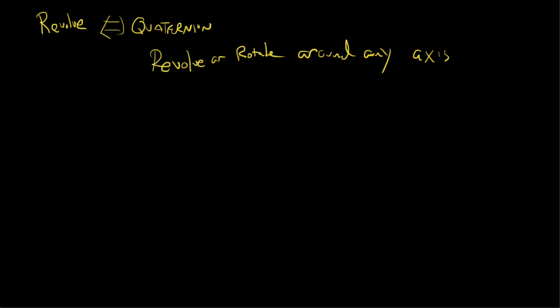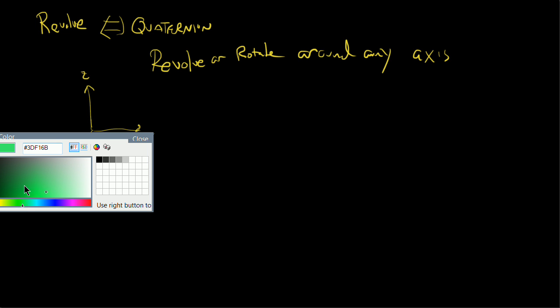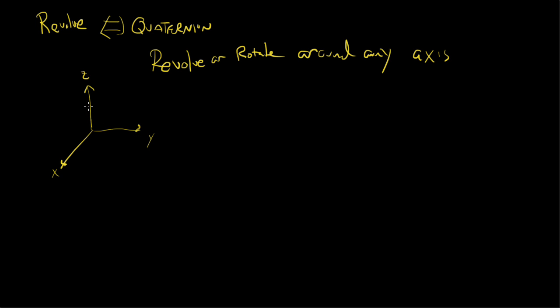So let's look again at the idea of having, and I'm not going to go through my red, green, and blue, but we're going to say this is the x-axis, this is the y-axis, and this is the z-axis. I'll change my color very quickly to sketch out my face here, and I'm going to keep the same face as in the other video.